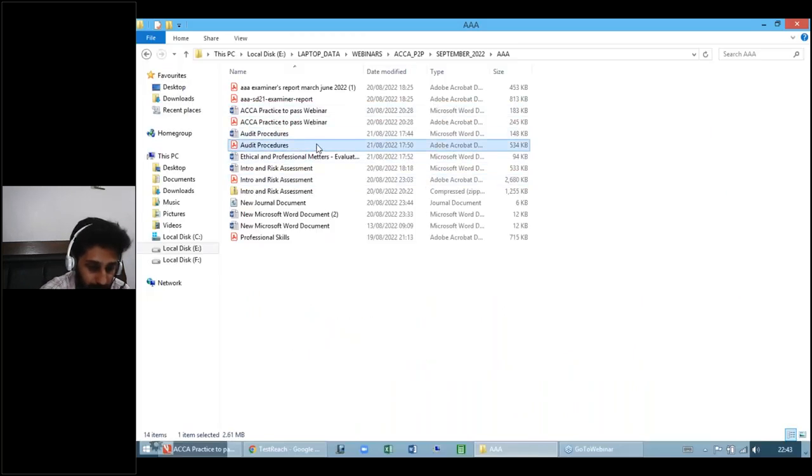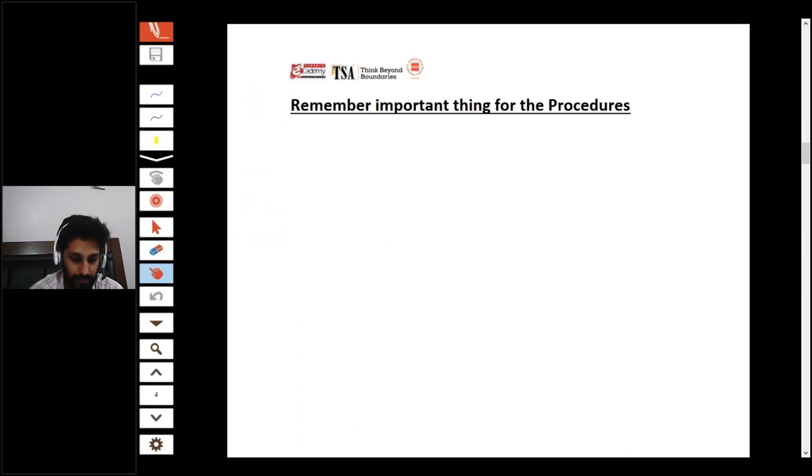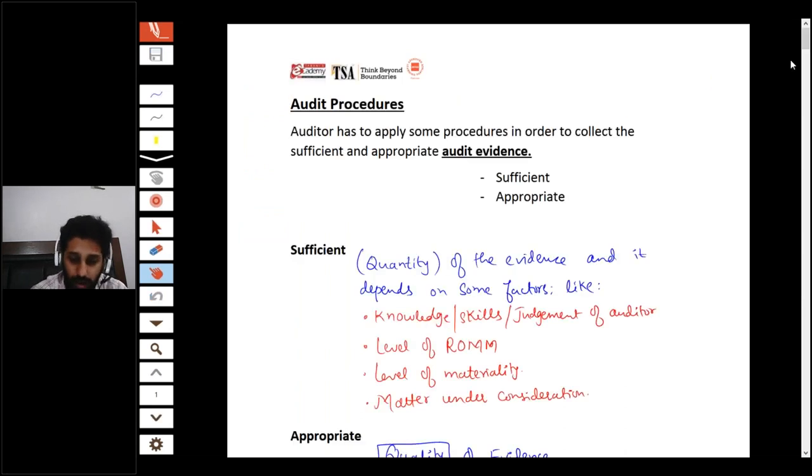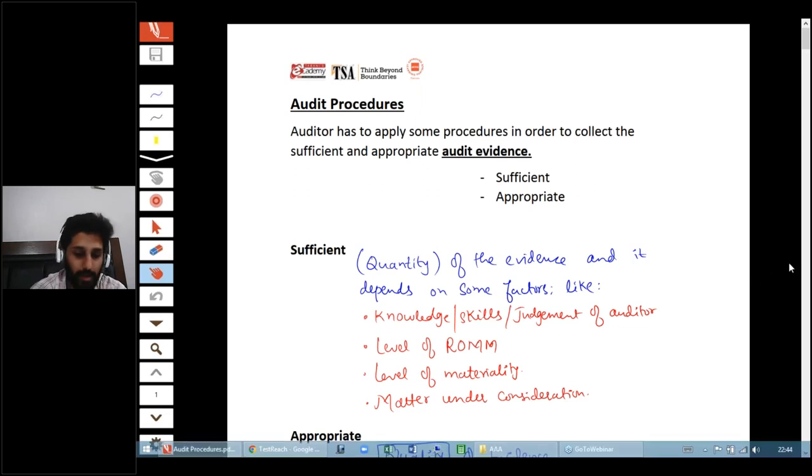This is my audit procedure. Now, more important thing about the audit procedures. Now, I'm quickly coming toward the audit procedure so that we will be able to write our second requirement, audit procedure.